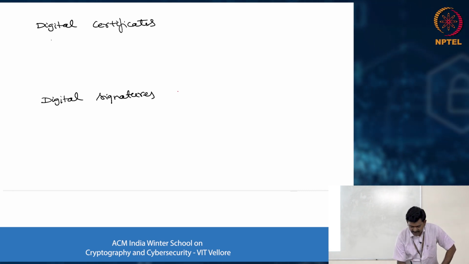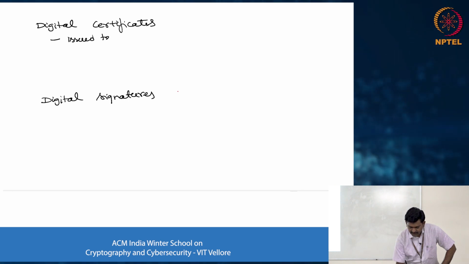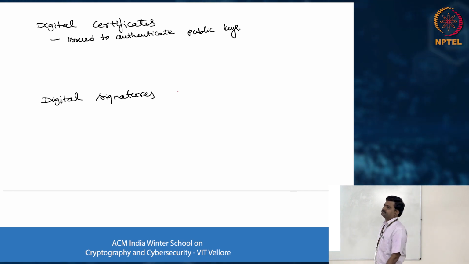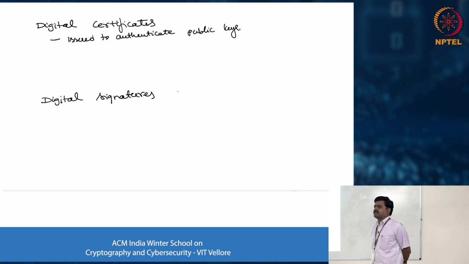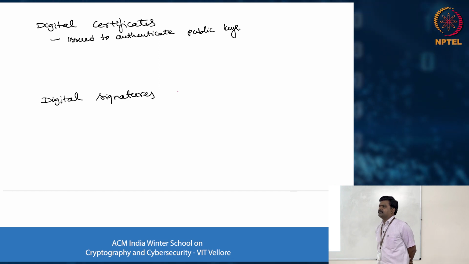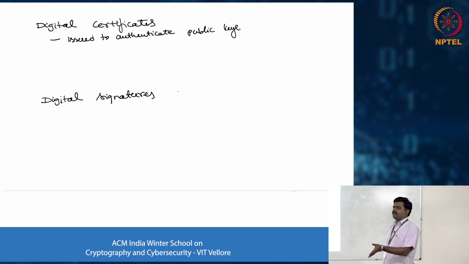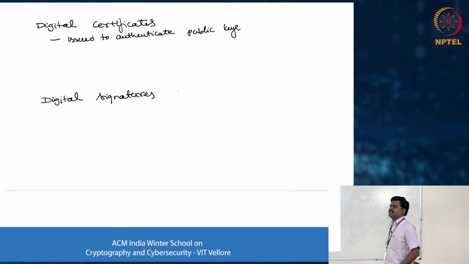So certificates are issued to authenticate public keys. The purpose of the digital certificate is to authenticate the public keys. Hey, look, this is the public key of Alice. And who says that?